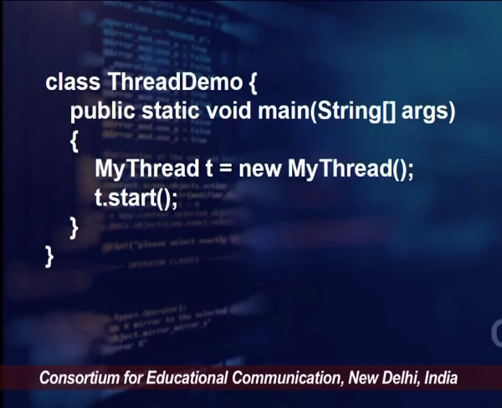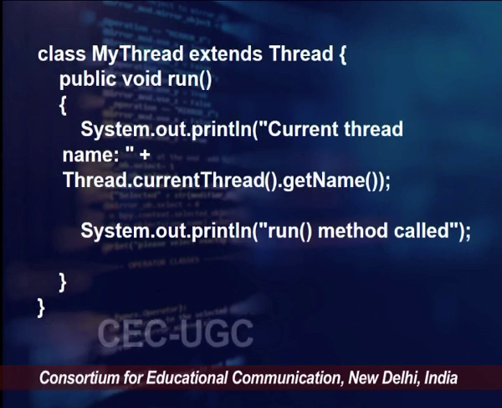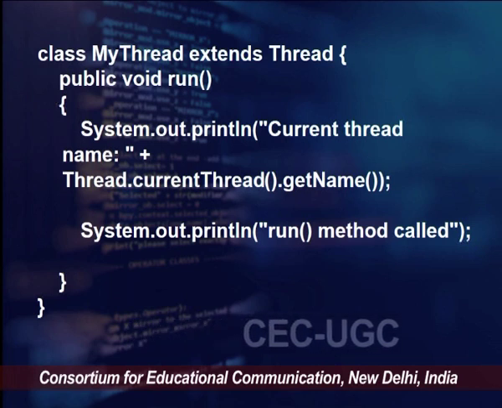Now inside the class ThreadDemo, in which we are going to write main, MyThread t = new MyThread and t.start. Here we have used a t.start method, and here we have used just a run method.